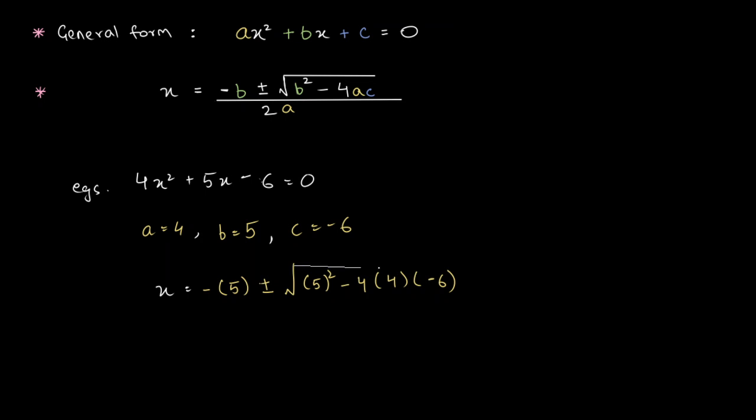This entire value is divided by 2a, so 2 times 4. If I solve this value, once by considering plus and once by considering minus, I will get the two roots of this given quadratic equation. In the next few sums, we will be using the quadratic formula to solve our problems.